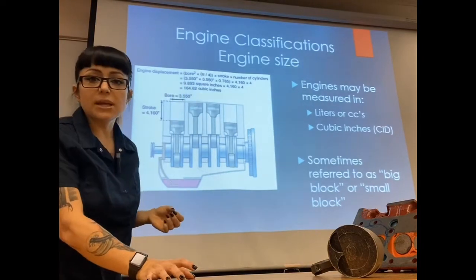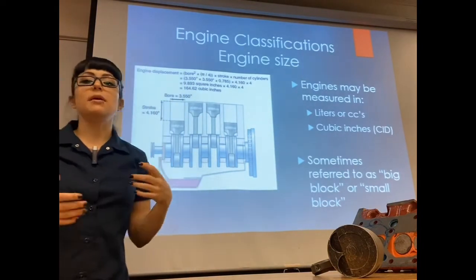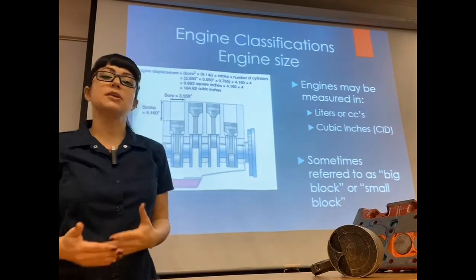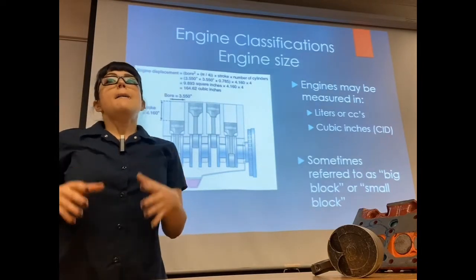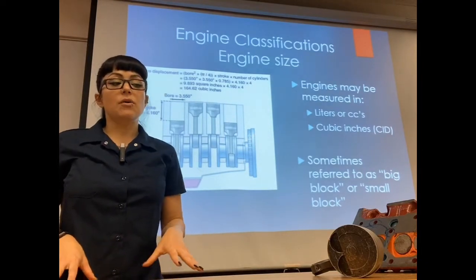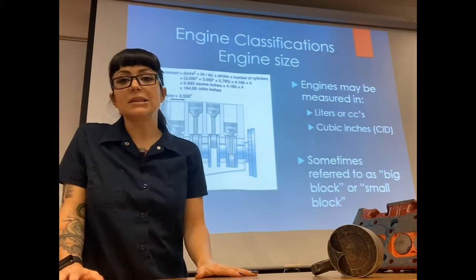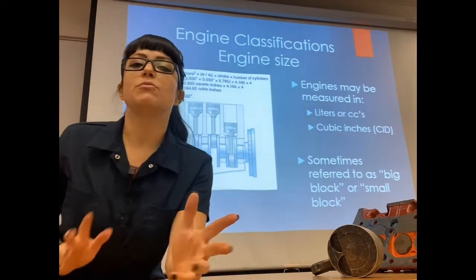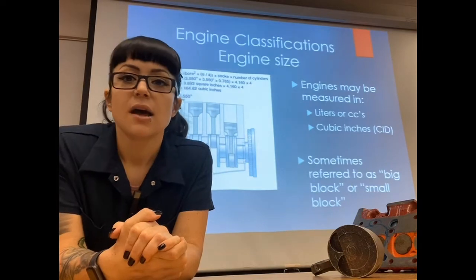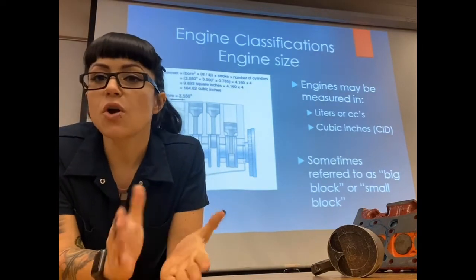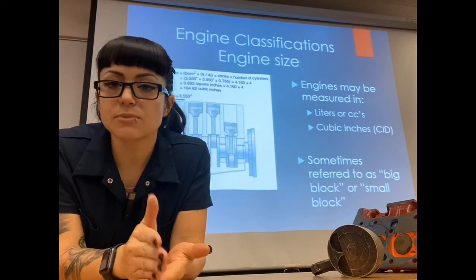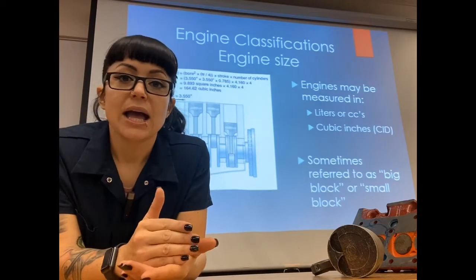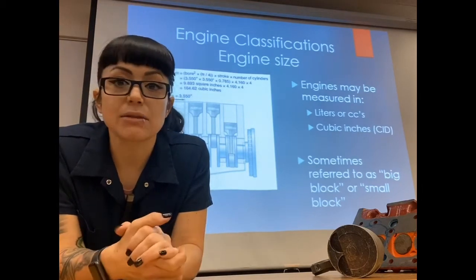And displacement of an engine is generally going to be measured in either cubic inches or liters. Most of the time, with anything remotely modern, we're talking liters, right? 2.4, 1.8, 1.6, 5.3. Those are all measurements in liters. So when I'm talking about an engine displacement in liters, they might sound like that.